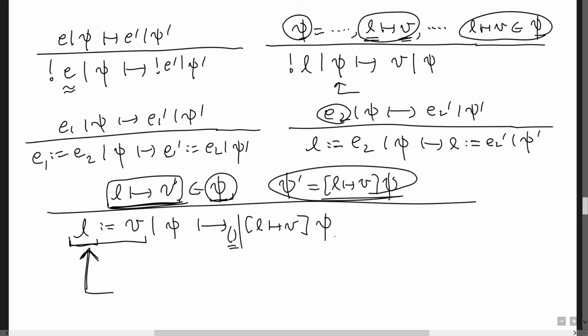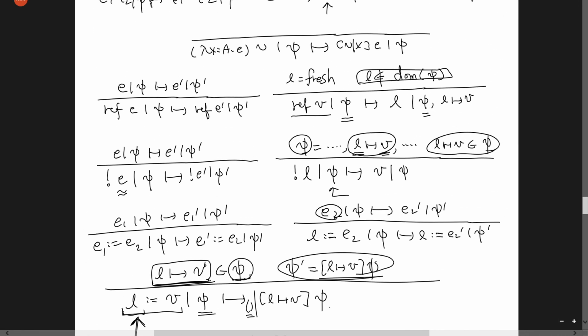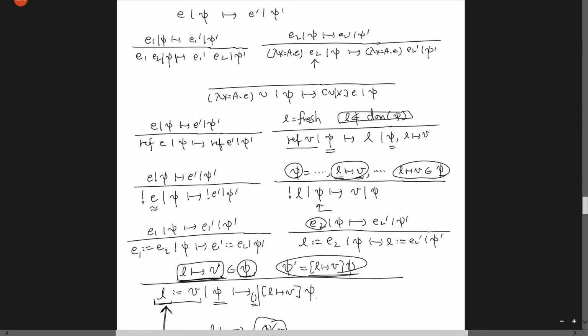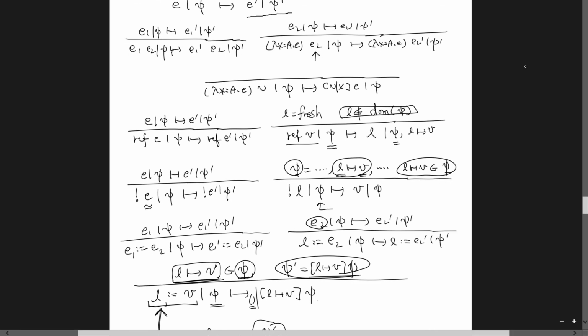Inside psi, you do have something like L arrow, some memory cell, and in the memory cell you have the previous value V0. Now you update it with the value V. That's all. So what we did here is we introduced a new form of reduction judgment, and we developed the reduction rules like this one.